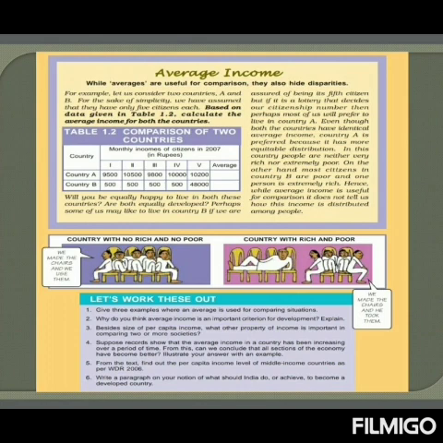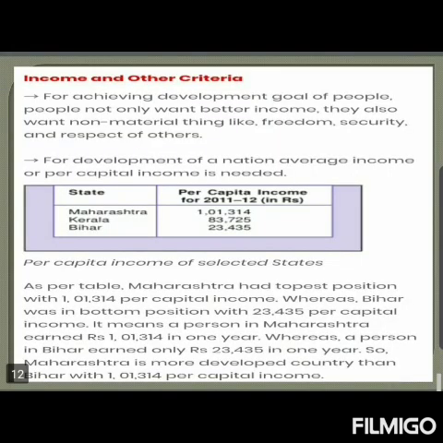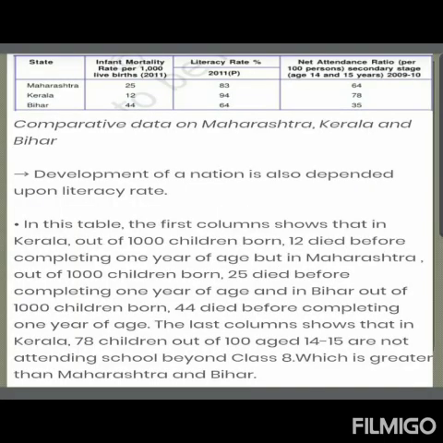Please go through it. Starting with the topic income and other criteria, you can refer to the table given to understand it better. You can see that per capita income, that is the average income of 3 states are given. Highest is of Maharashtra, followed by Kerala, Bihar, respectively. Now go through the other table comparing the same 3 states again, but on the basis of infant mortality rate, literacy rate, net attendance ratio.